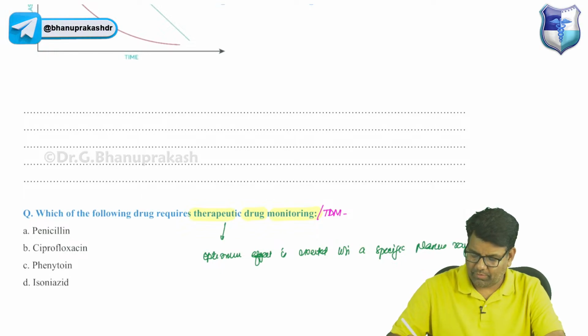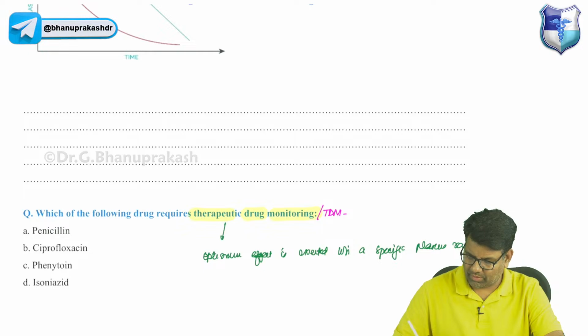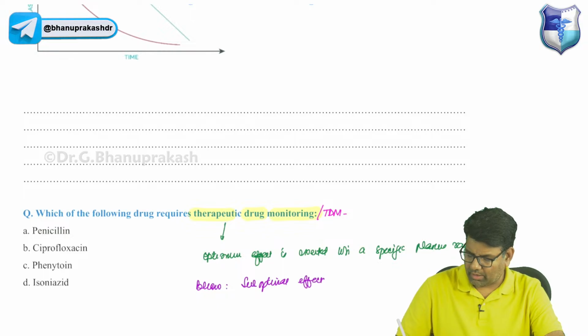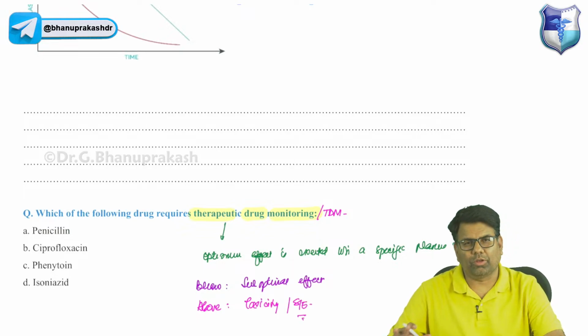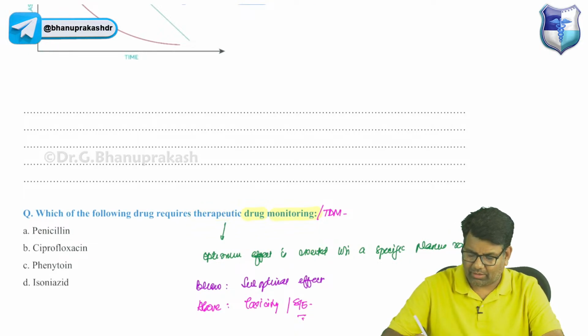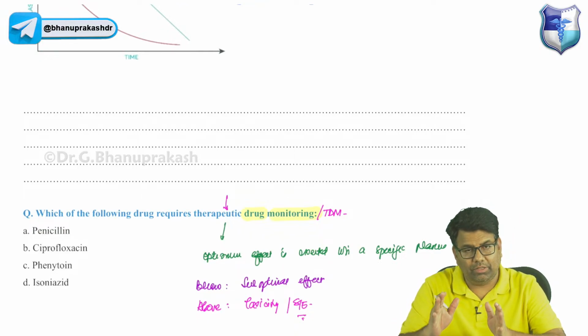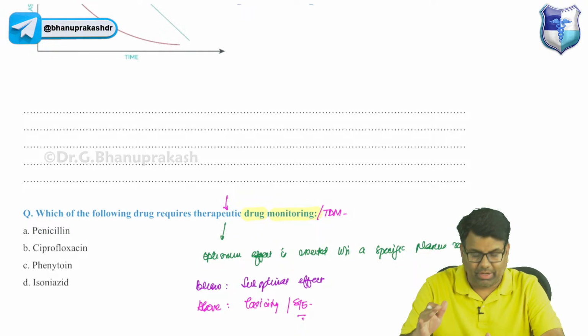If the value is below that range, there is no optimal effect, and if the value is above that range, there will be toxicity. So the optimum value will produce optimum results, and therefore we have to monitor that the drug concentration in the plasma is within that particular range.